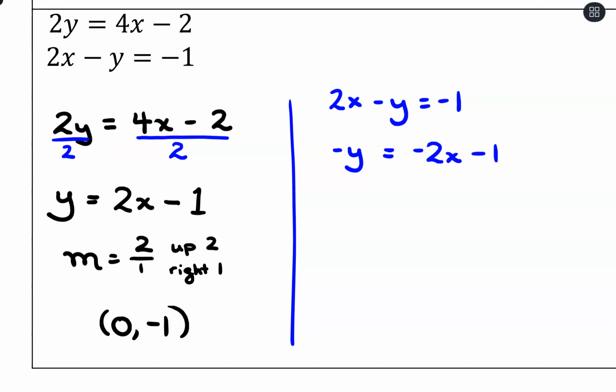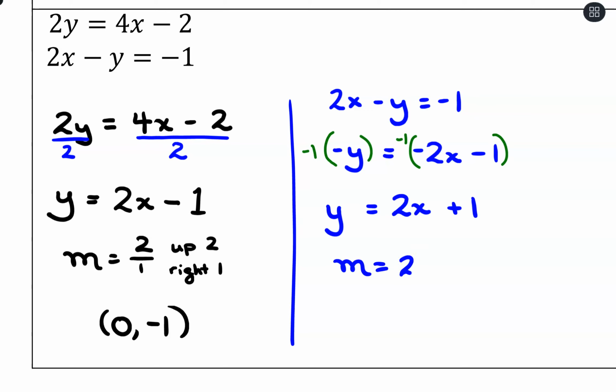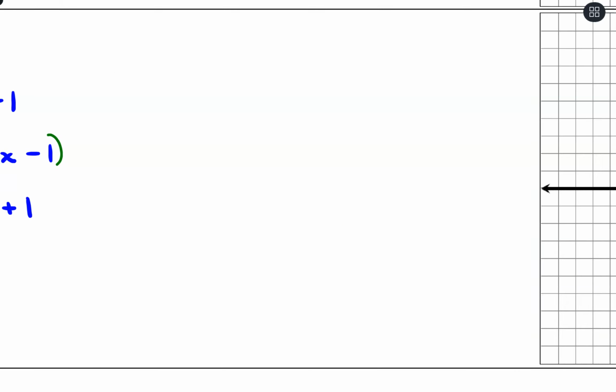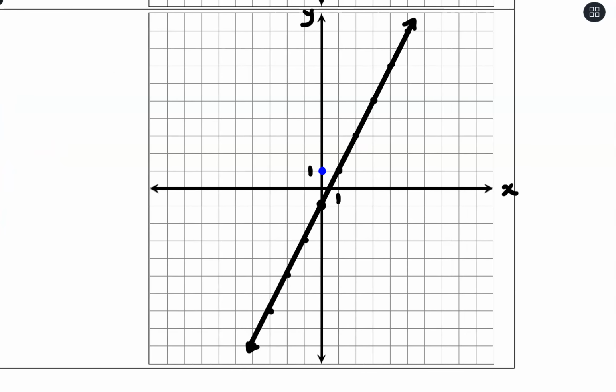And then we're just going to need to multiply everything by -1 so that y is positive. So that's just going to change the sign of everything. So we'll have positive y equals positive 2x plus 1. So we're going to have a slope of 2 and y-intercept of 0, 1. All right, 0, 1, slope of 2.